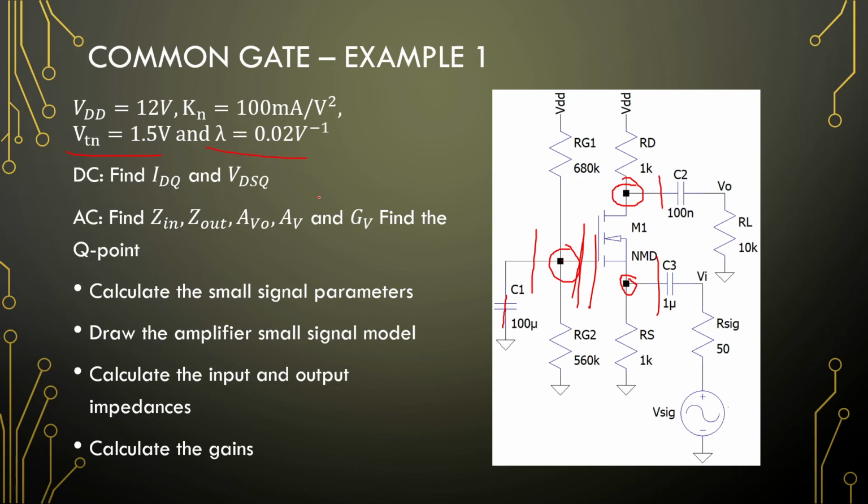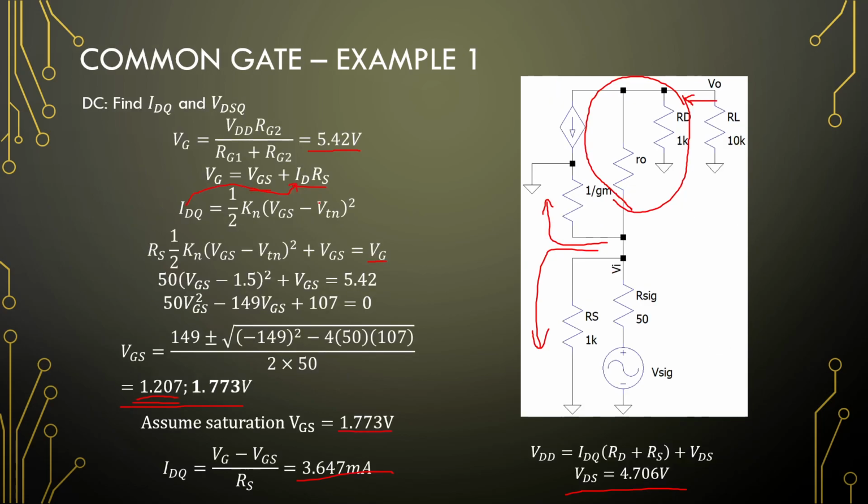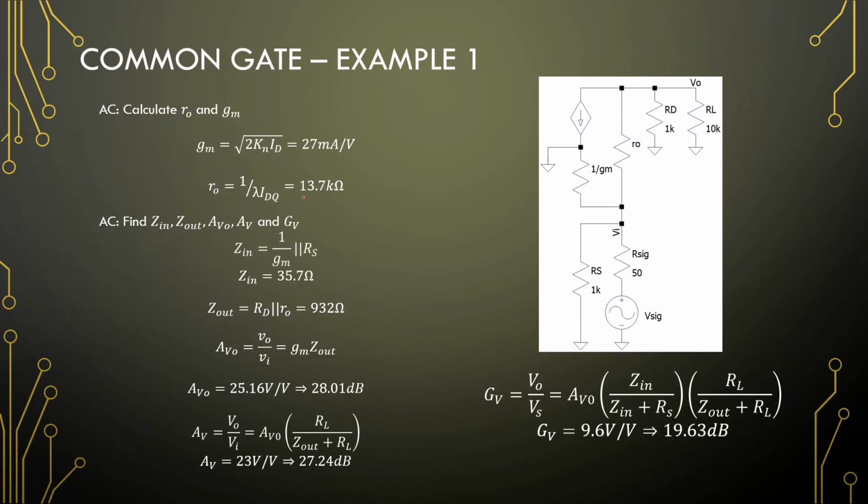Note that we have 0.02 channel length modulation, but our drain current is quite high, so our output impedance of our amplifier will be quite low. Okay, so 13.7 kilo ohms. So what we learn from this is if we choose our drain current to be too high, our output impedance of our transistor will be very, very low.